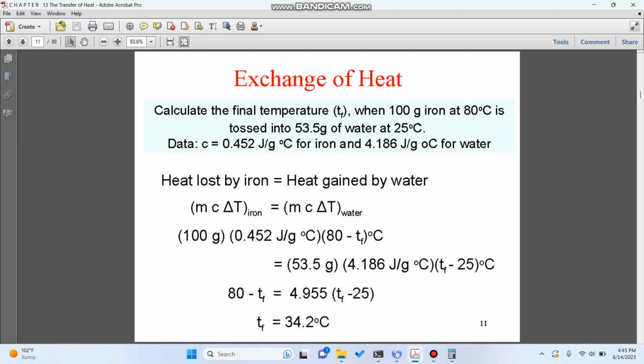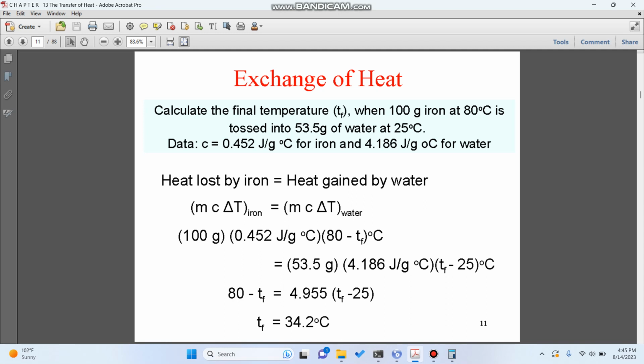Another problem: calculate the final temperature. Here the question has changed. Instead of the amount of heat required, they are asking for the final temperature after heating. So first we will write the equation, then we will continue. What is the question?